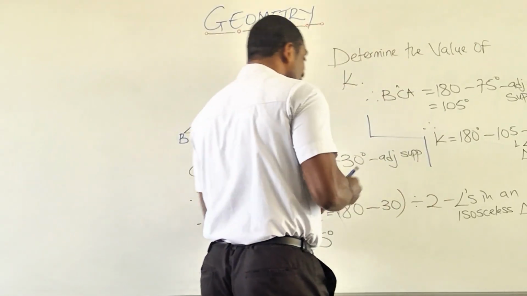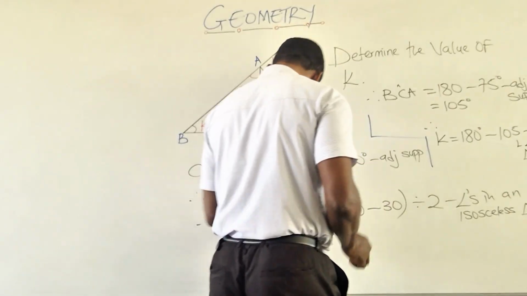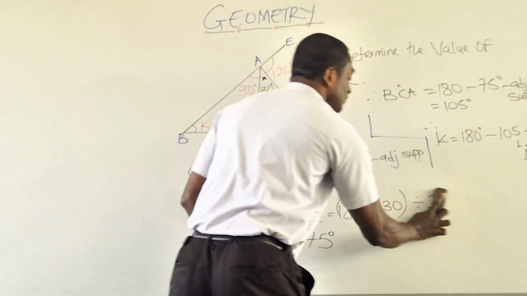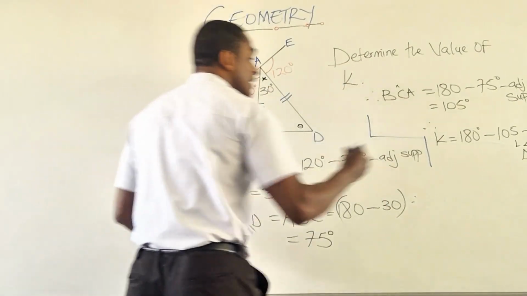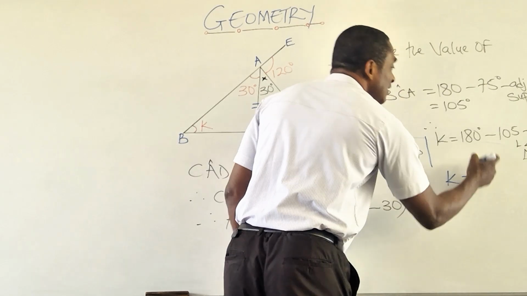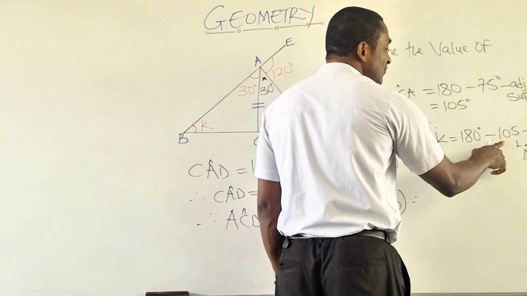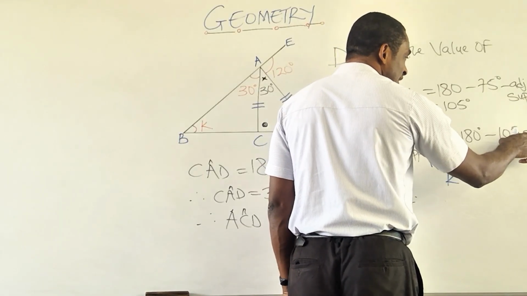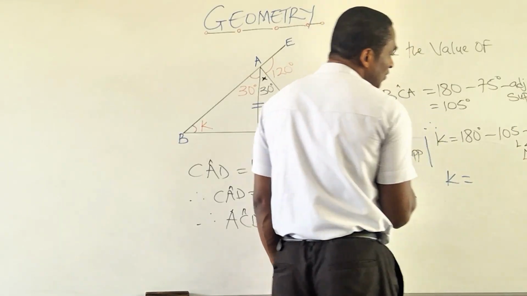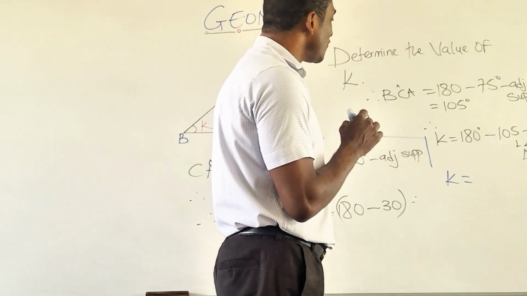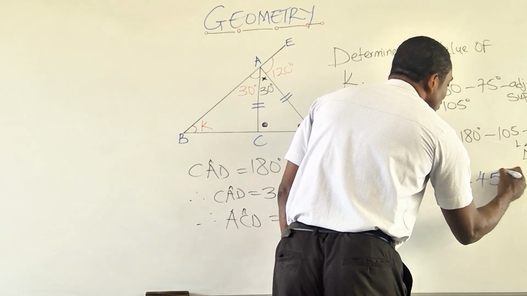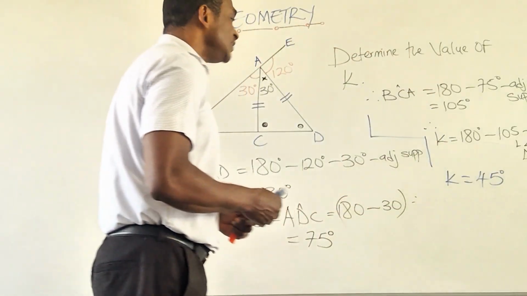Because of that, the final answer here, our K will then be 180 minus 105 is 75, minus 30, that will give us 45 degrees.